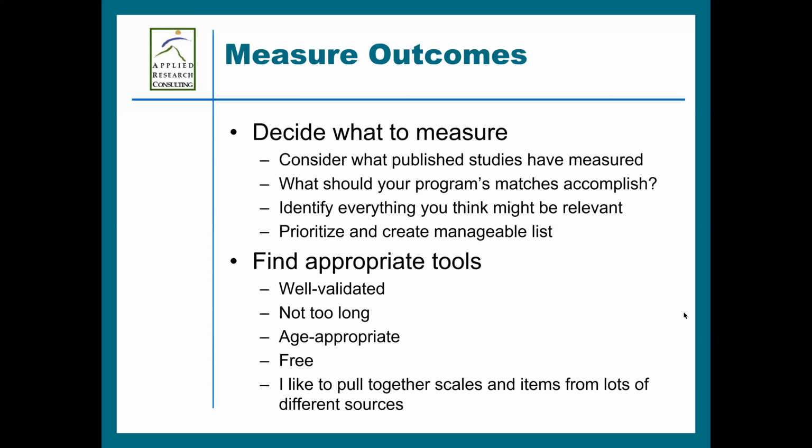But for the types of outcomes that mentoring tends to help with the most, those develop over longer periods of time, and because of a relationship that typically takes longer than 3 months to develop. So in that kind of case, I think you might want to pre-test and then measure again 6 or 12 months later, whenever you can get access to those students again after the program ended.